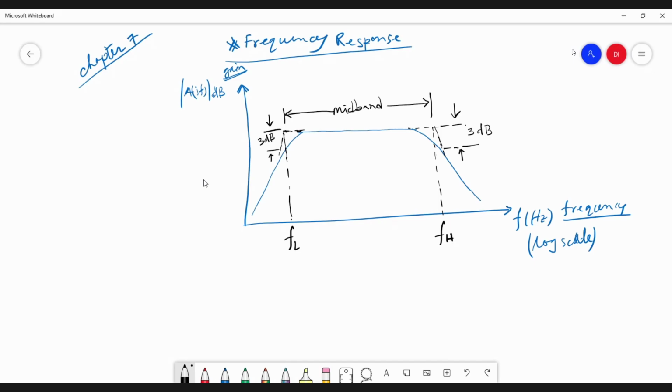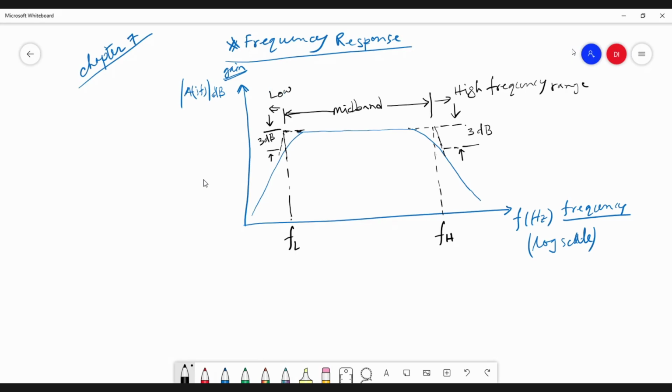And the portion outside of this is the high frequency range. And this portion is the low frequency range.